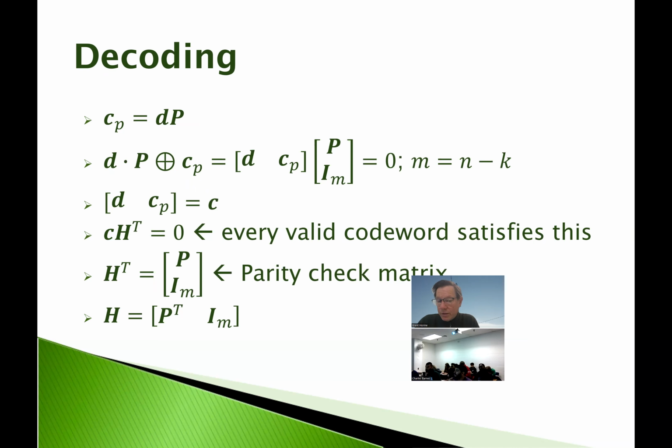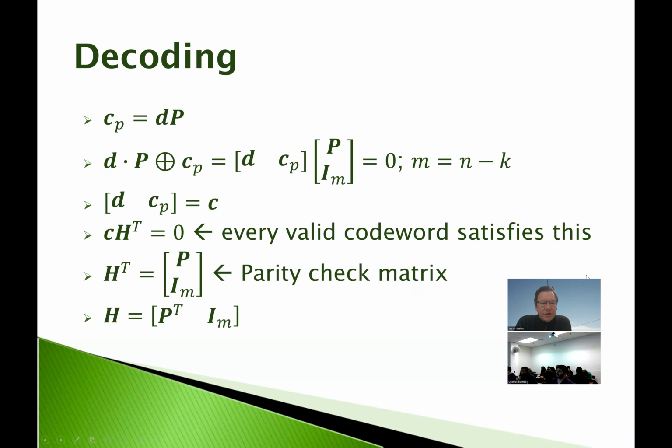Okay, so now we're going to look at decoding these, and we're going to come up with some definitions. Again, we return to the C sub P, and we note that if we multiply D times P and then modulo-add this C sub P, these two should be equal to each other, right?